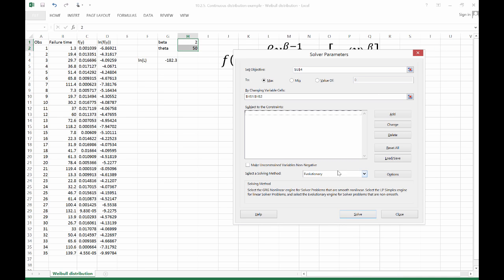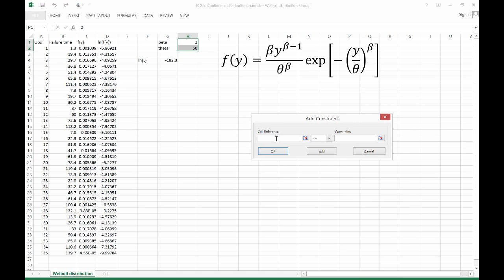Okay, we're going to use the evolutionary algorithm again, and what we need to do here is put bounds on the search space for beta and theta. So for beta, let's say that it is going to be greater than or equal to 0. That needs to be a positive number. And we're going to set an upper bound on beta to be, let's say, 3. Beta is going to tend to be small.